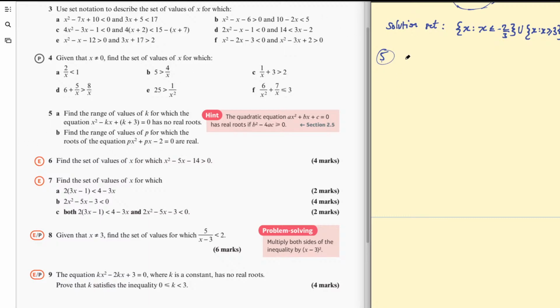Okay, fairly standard stuff here. So we're going to use the discriminant here. Remember the discriminant is b squared take 4ac, and when it has no real roots, this will be less than 0. So that's what the question is telling us. Assume that the discriminant is less than 0.